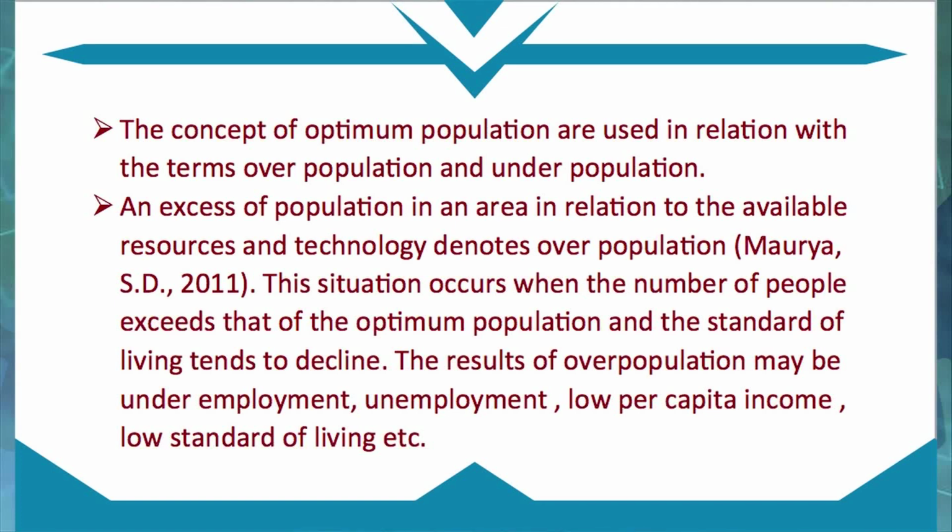Now, this situation of excess population occurs when the number of people exceeds that of the optimum population and the standard of living tends to decline. The results of overpopulation may be underemployment, unemployment, low per capita income, low standard of living and so on. That is negative in all the parameters of economic development.